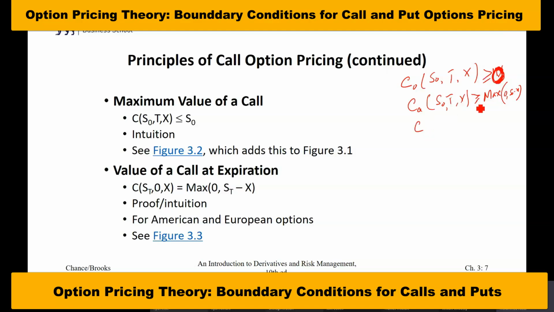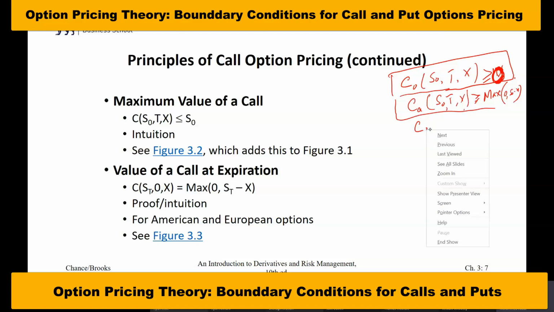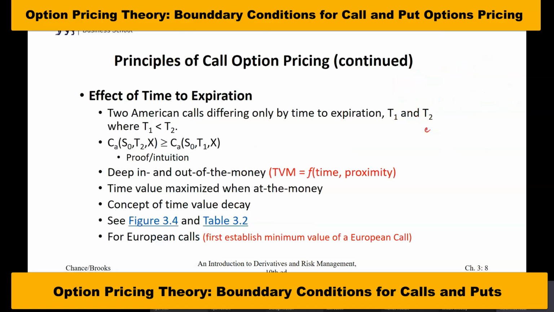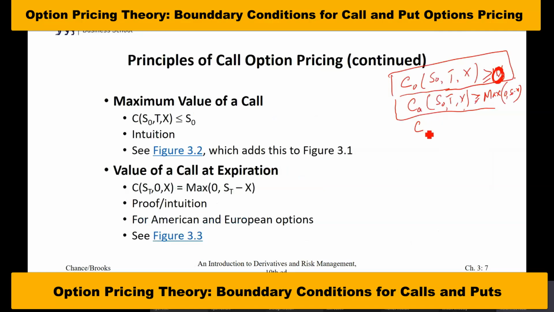And we said that this concept is applicable to European call and American call, but this one is only limited to the American calls. We cannot do the intrinsic value calculation for the European.